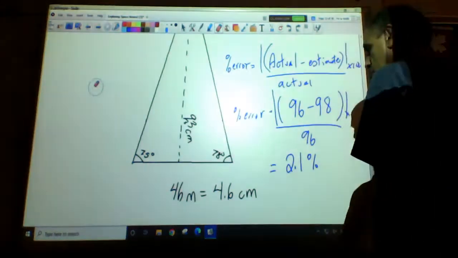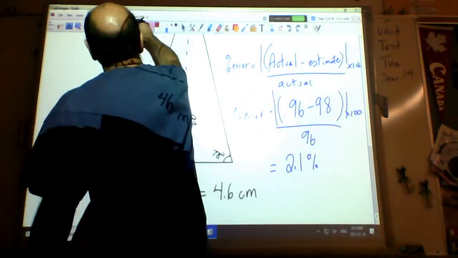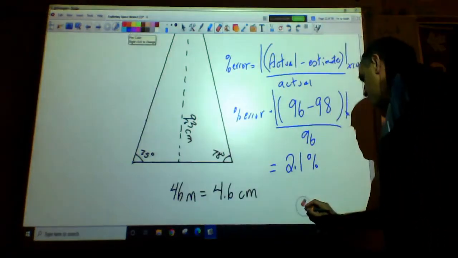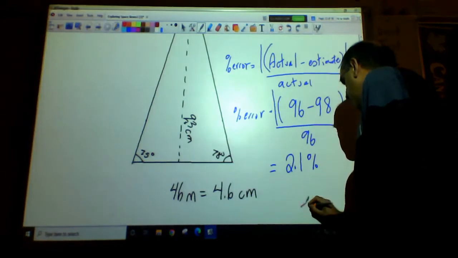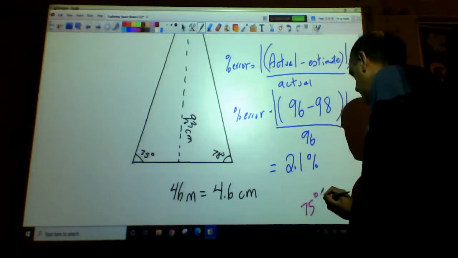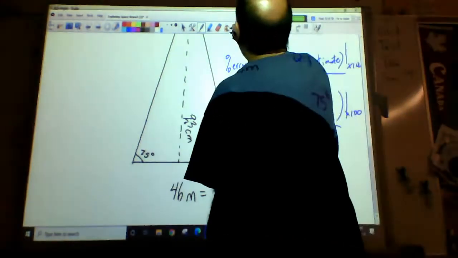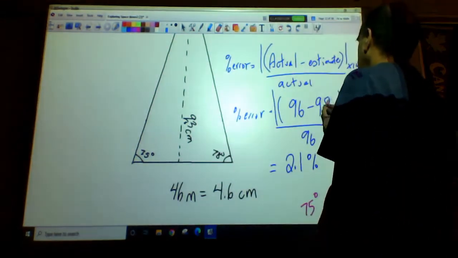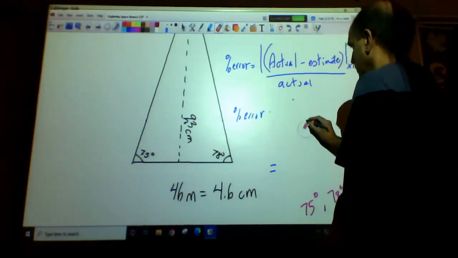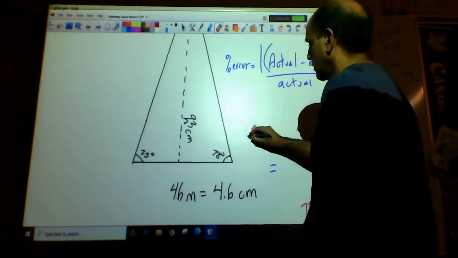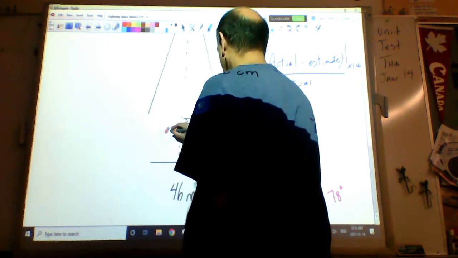And then I have my two angles. I'm just going to write them down on the side here: 75 degrees and 78 degrees. Then we'll erase this part here. Erase this as well.